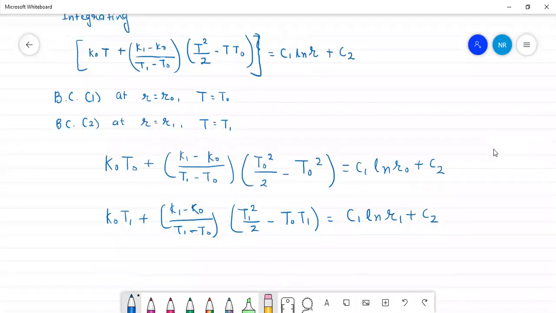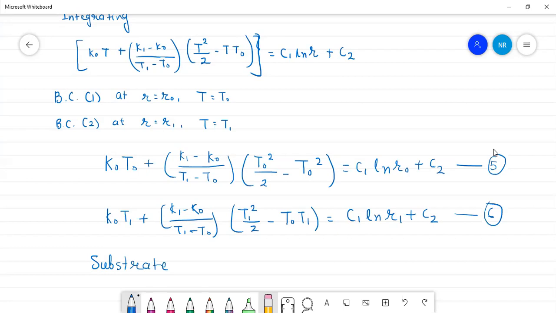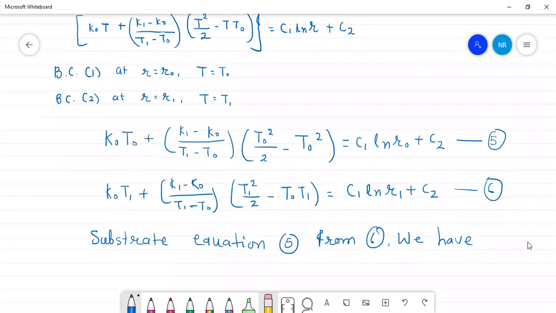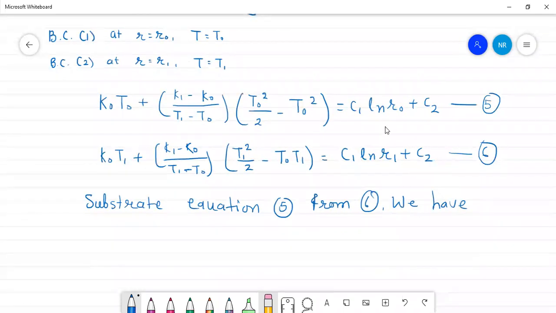So if I subtract equation 5 from equation 6, we get a value of C1 as well as a value of C2 from this subtraction.